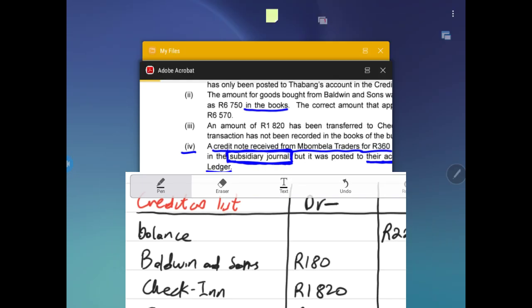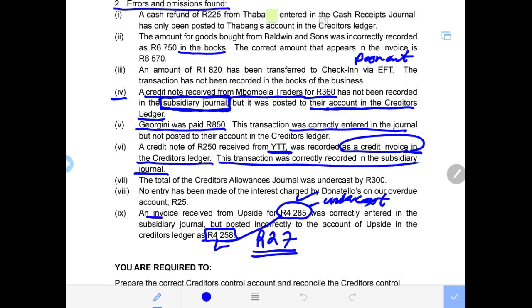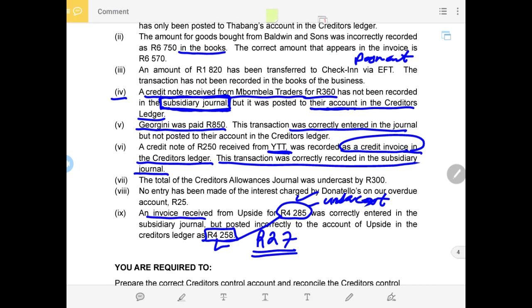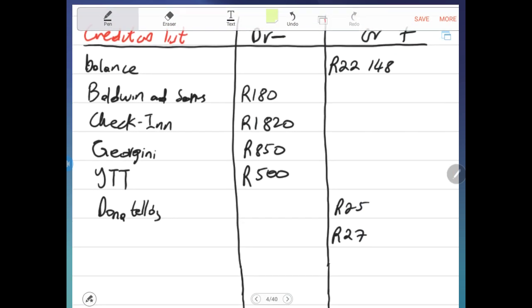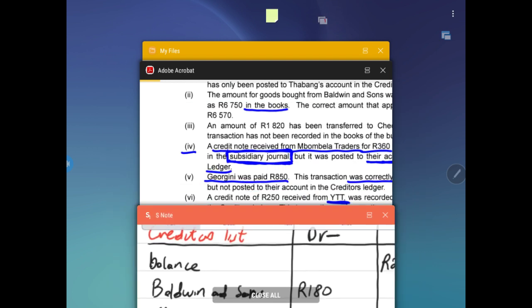Note that this was an invoice, meaning a credit purchase. So the credit purchase was undercast, and we say plus 27 rand. The name of the creditor is Upside. So that's all that we needed to do.